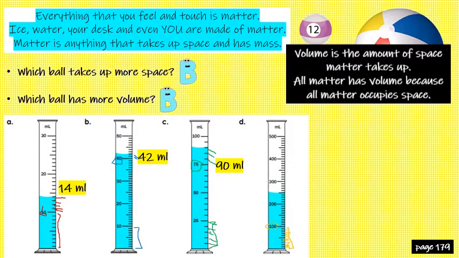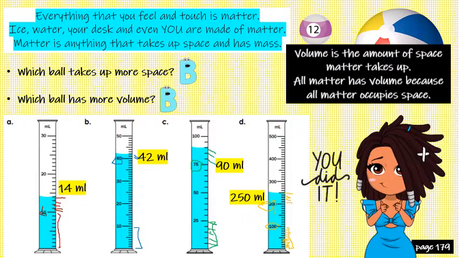So each line is equal to 10 milliliters. Let's start counting from here. 200, 210, 220, 230, 240, 250 milliliters. So the volume of the liquid in the last graduated cylinder is 250 milliliters.